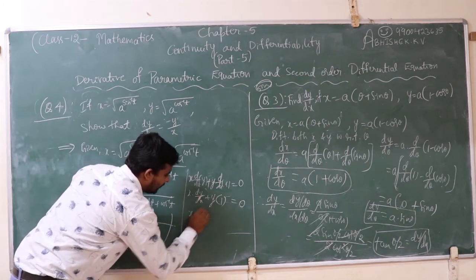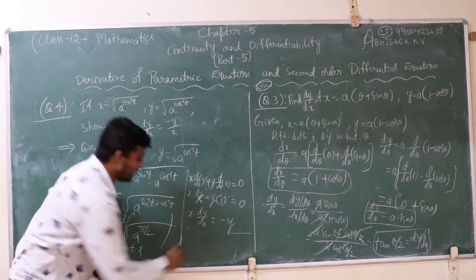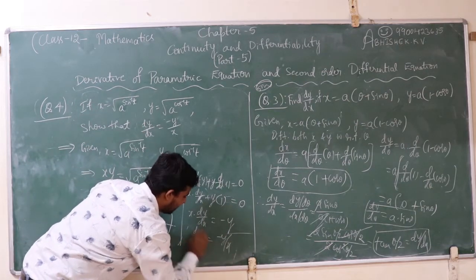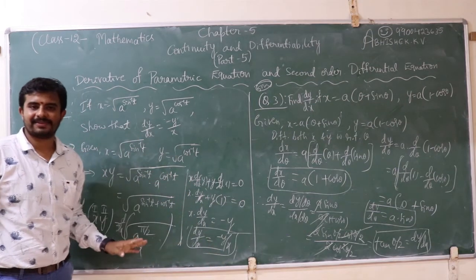Therefore, x into dy by dx is equal to minus y. dy by dx is equal to minus y by x.